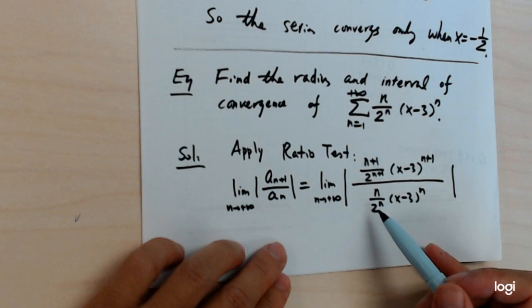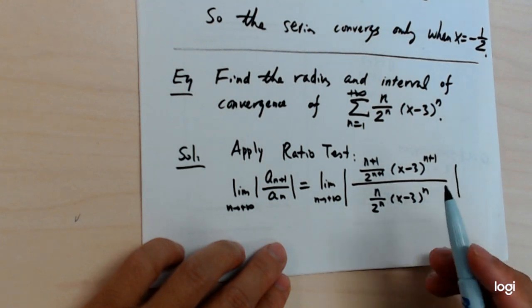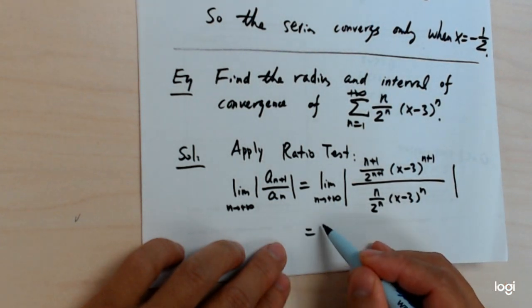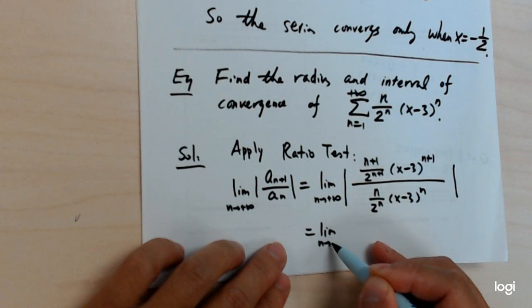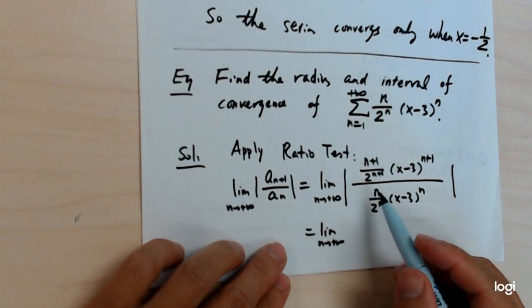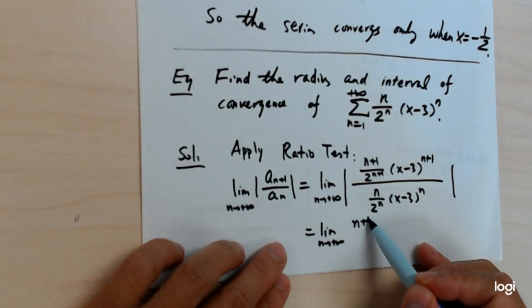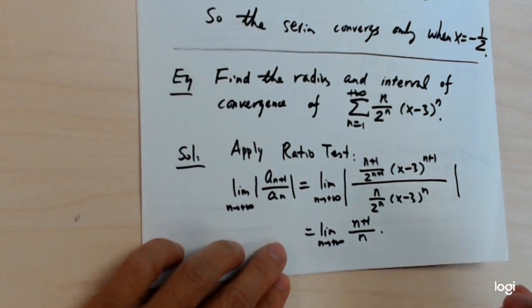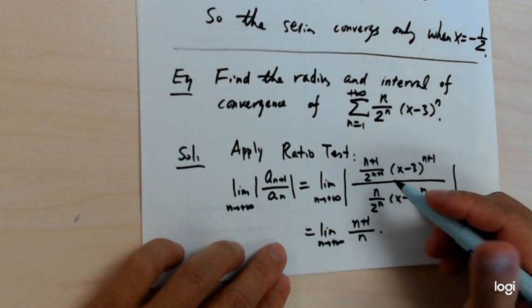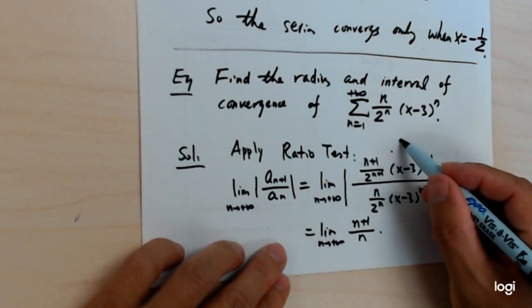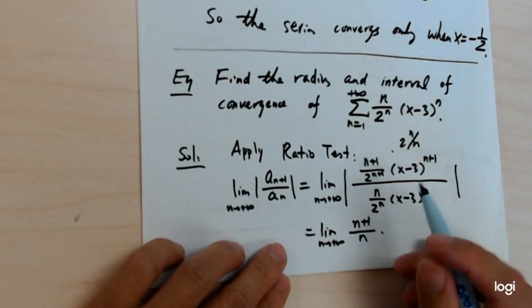It's not too hard to simplify this. Here's what I found: n plus 1 over n. So basically flip this guy over and multiply with its reciprocal.